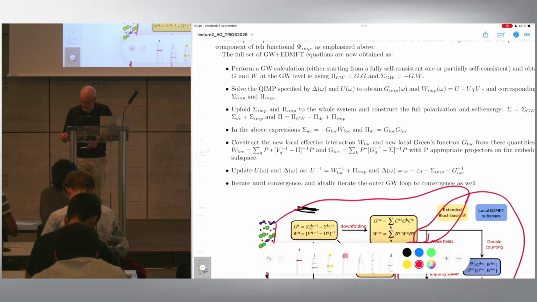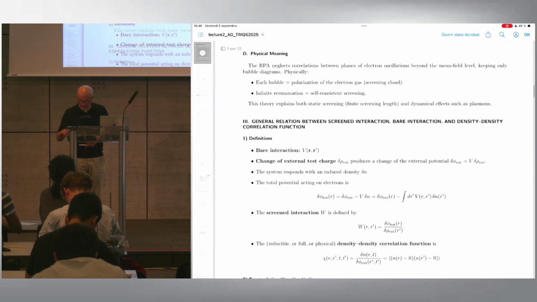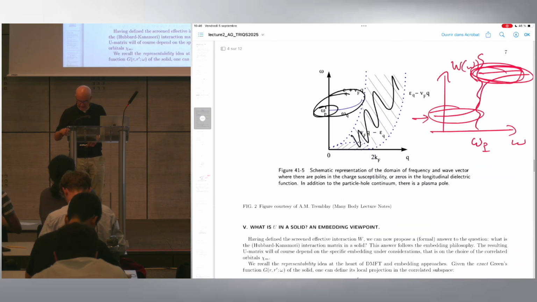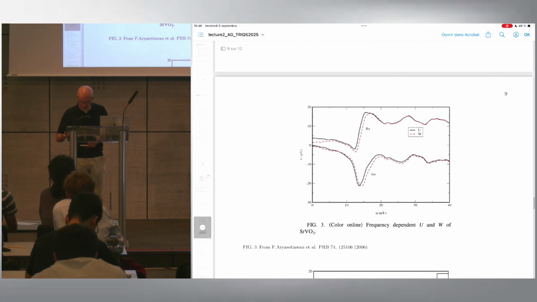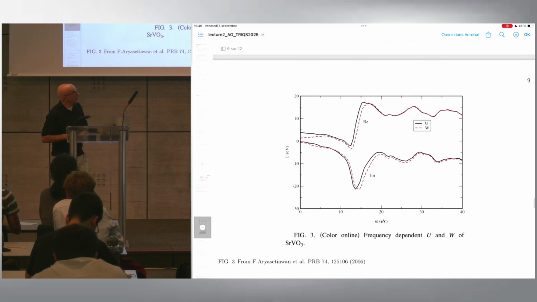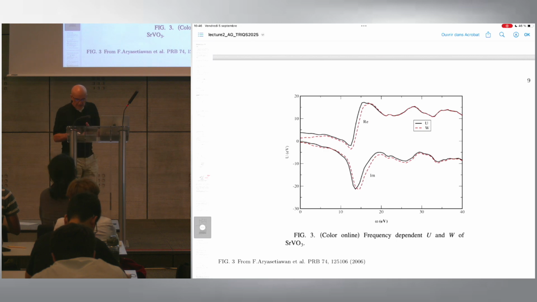Taken from a paper by Ferdi Aryasetiawan and collaborators, in which the CRPA estimates for U of omega were calculated for strontium VO3, your favorite material. And it illustrates what I was saying before.